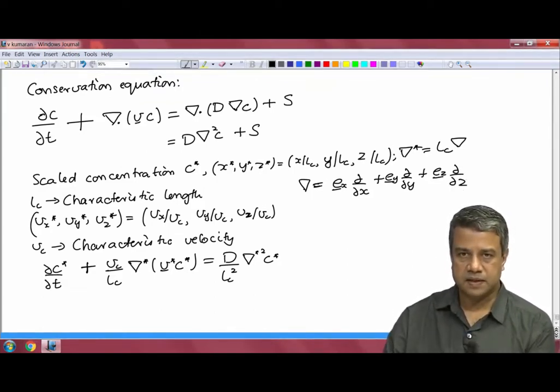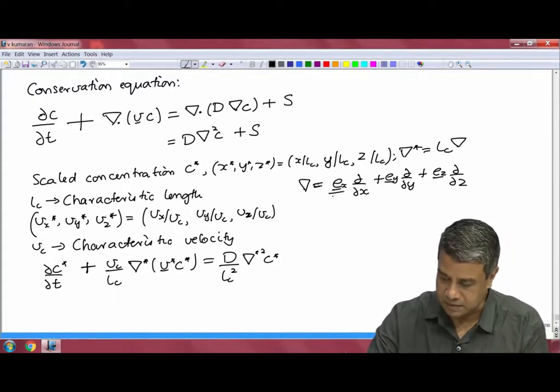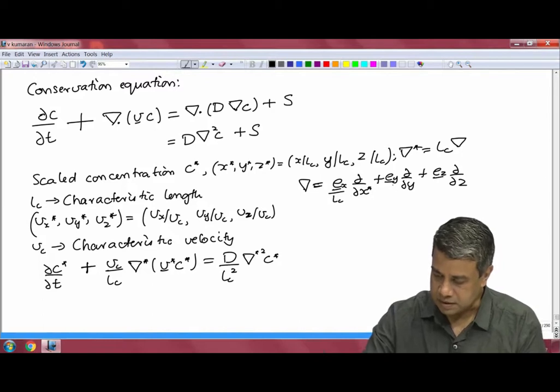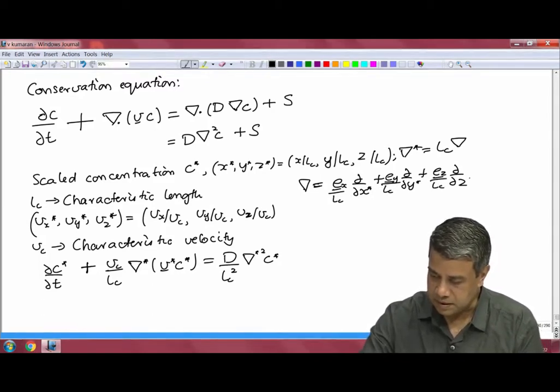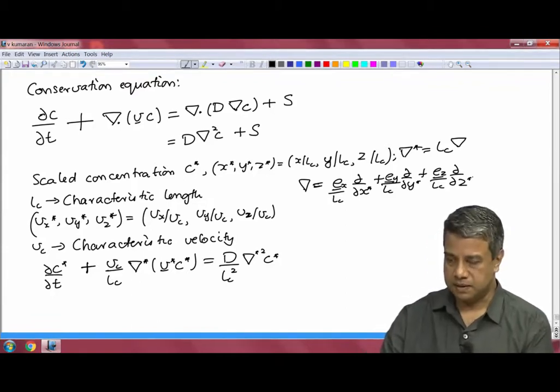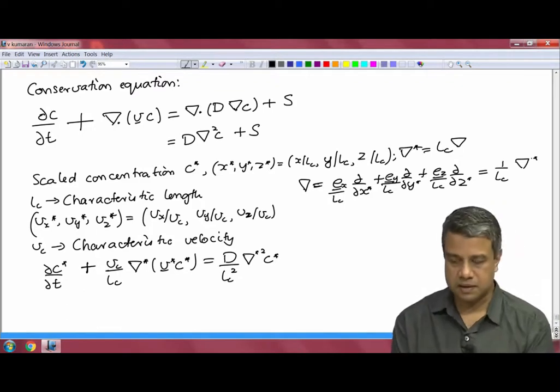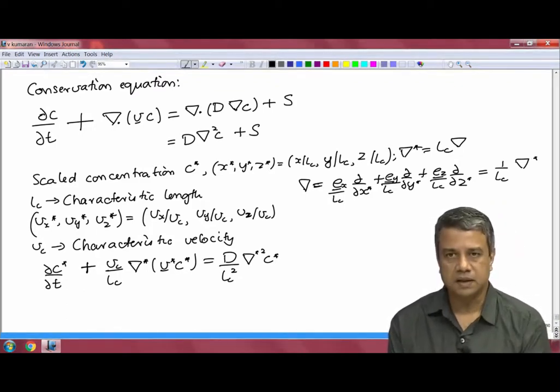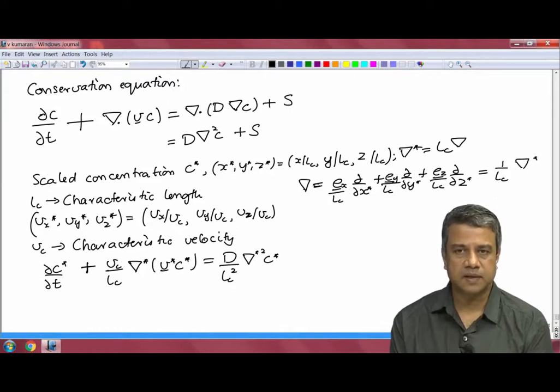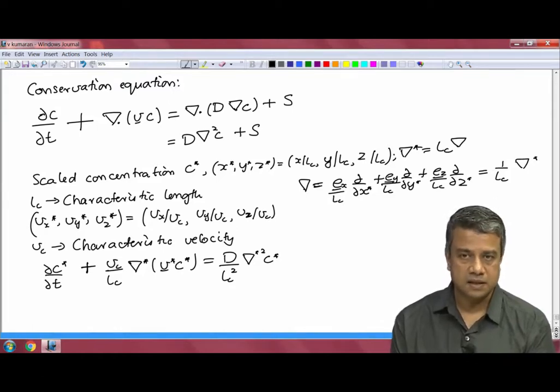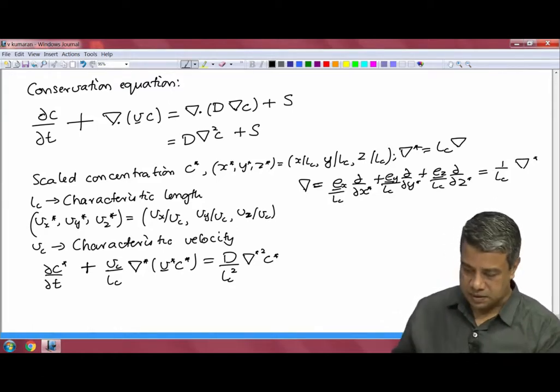And if I express this in terms of the scaled gradients, I will get Ex by LC d by dx star, Ey by LC d by dy star, and Ez by LC d by dz star. So in terms of the scaled gradient, this is equal to 1 over LC times the dimensionless gradient operator. That is what I have substituted here. It has dimensions of 1 over length, so if I multiply it by the characteristic length, I will get something that is dimensionless.